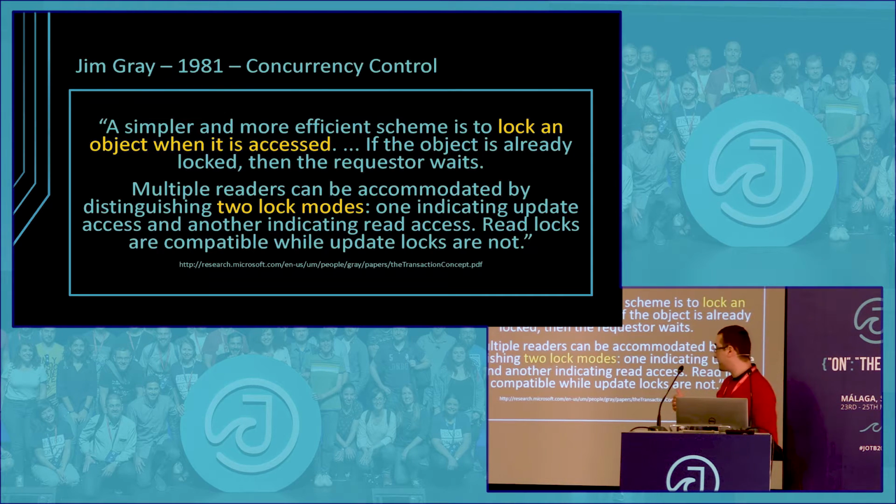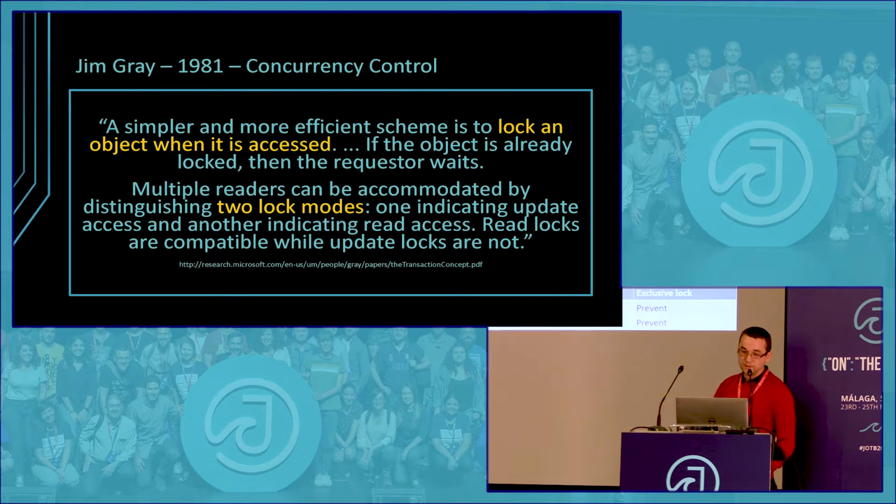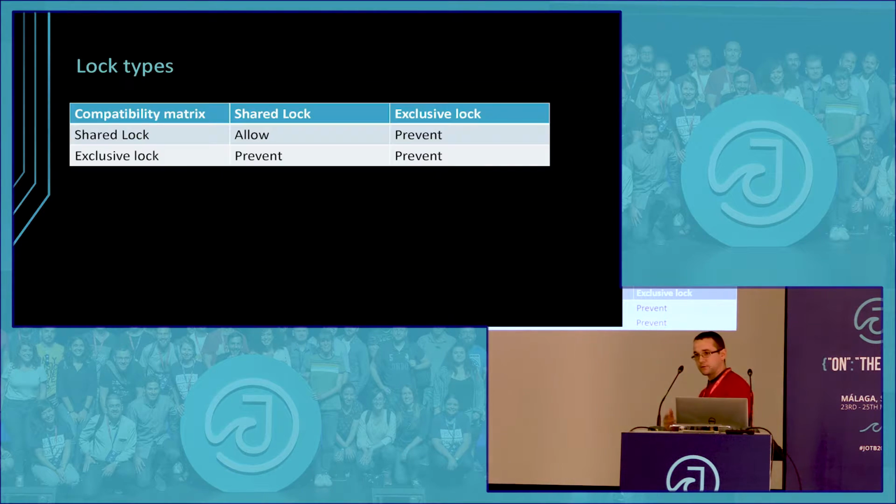In the same paper related to concurrency, Jim Gray said that the easiest method to use is locking. And what he describes here is exactly how two-phase locking works, where you have two types of lock. You have a read or shared lock, and a write or exclusive lock. Exclusive locks block any other lock access.